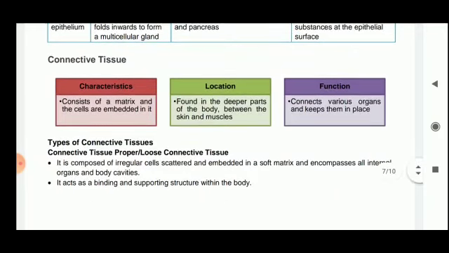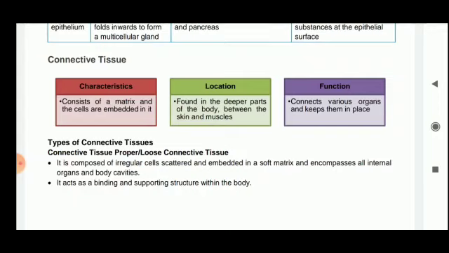Its main characteristic is that it consists of a matrix with cells embedded in it, and it is located in the deeper parts of the body, found between the skin and the muscles. That is why it behaves as a connective tissue, because it connects two things: the muscle to the skin. Its function is to connect various organs and keep them in place.